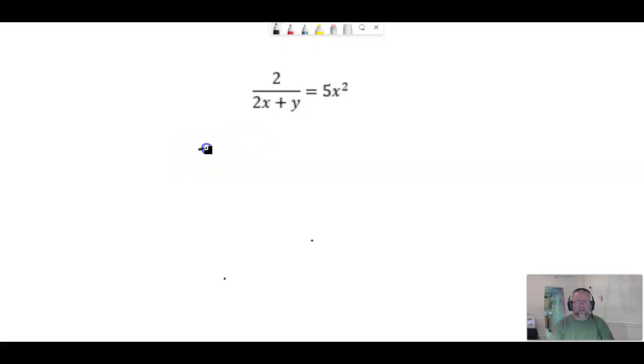So I'm going to rewrite the left side of the equality as 2 times 2x plus y raised to the -1. So we can take that whole factor, bring it up to the top, and change the exponent to negative. And then that's equal to 5x squared.